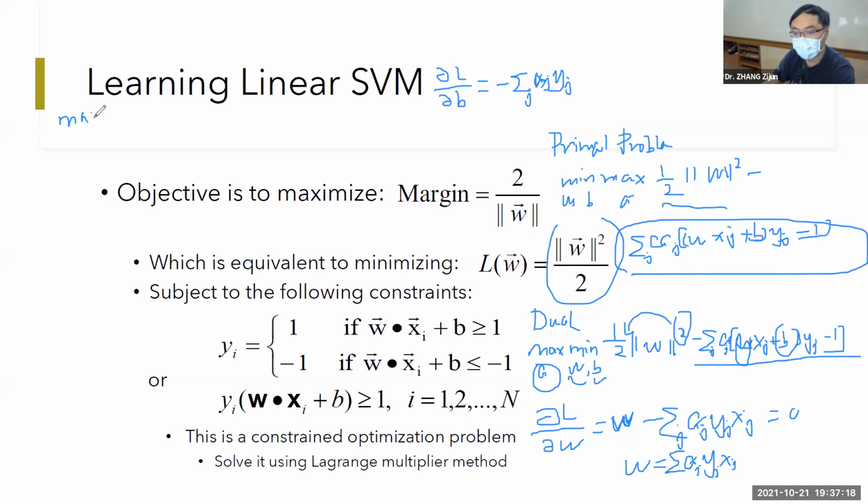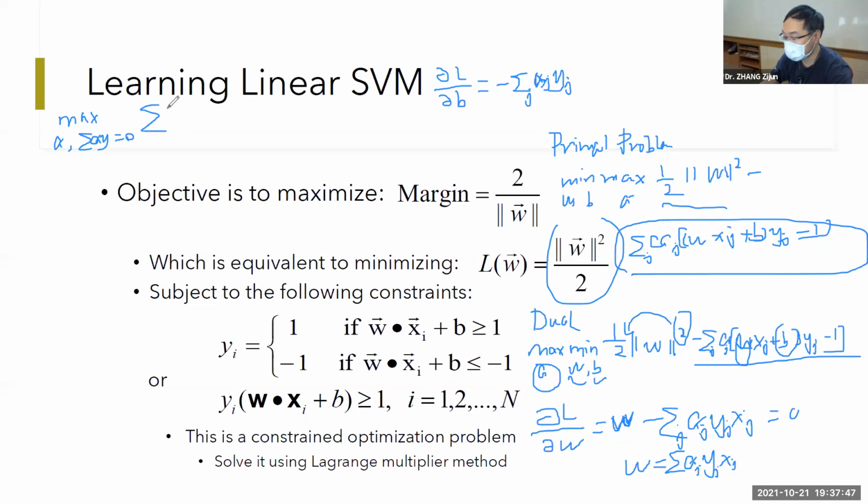By substituting the W form, the problem is converted to a maximization problem involving two types of variables. One is alpha, another is the constraint that the summation of alpha y equals 0.